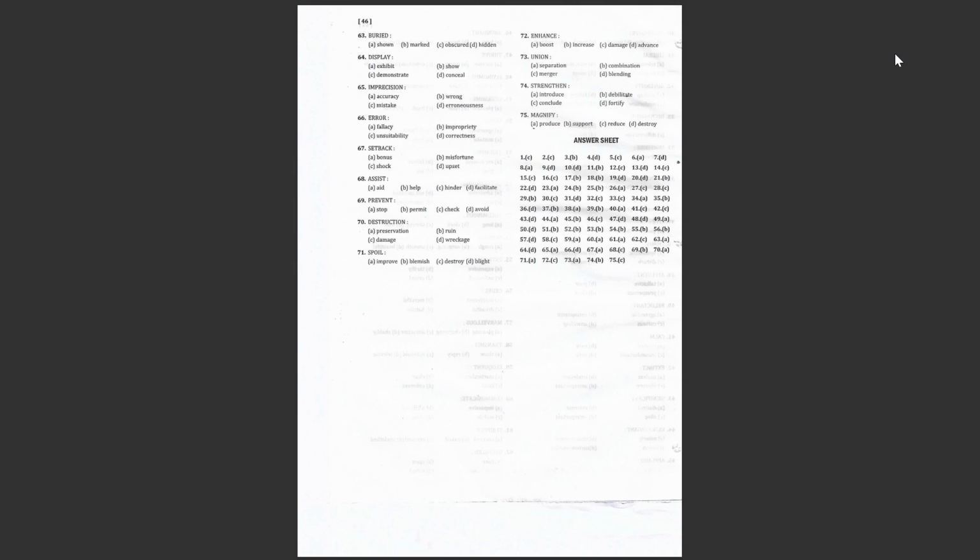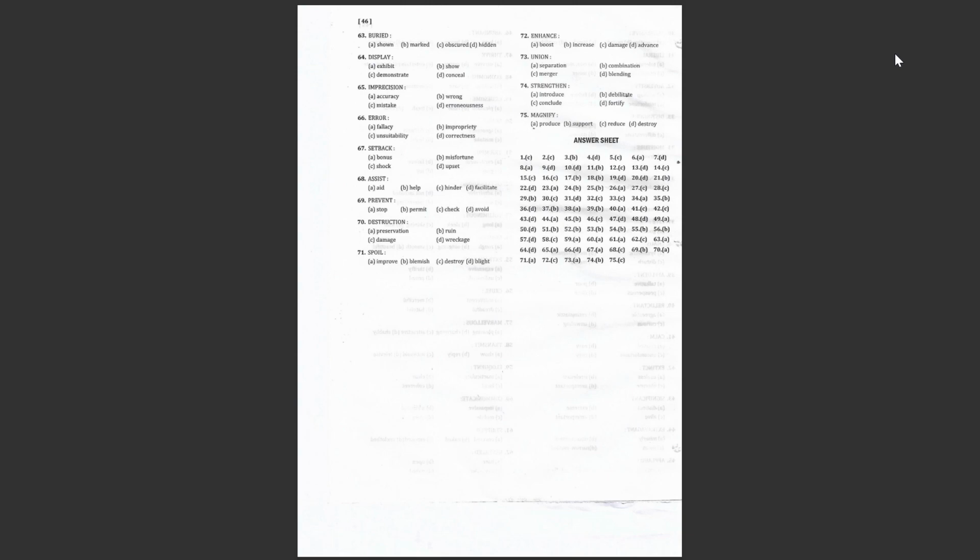Word number 65, imprecision. I'm sure a lot of you know what the meaning of the word precision is. Precision means something that is very very accurate, नपा तुला हुआ हो. बहुत ही प्रिसिशन के साथ, बहुत ही एक्यूरेसी के साथ उन्होंने जो काम किया, that was very precise work.